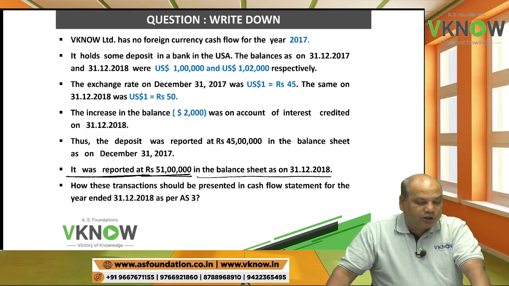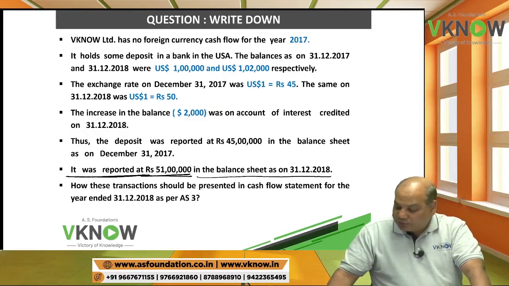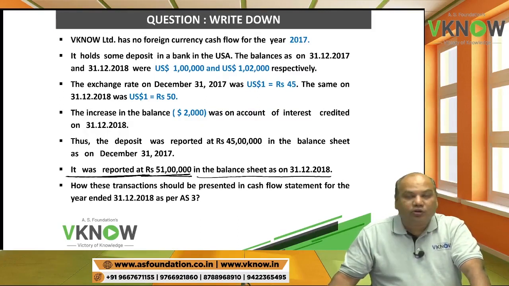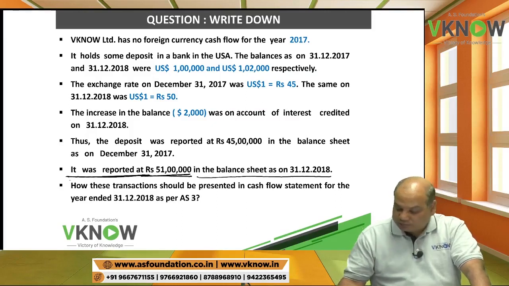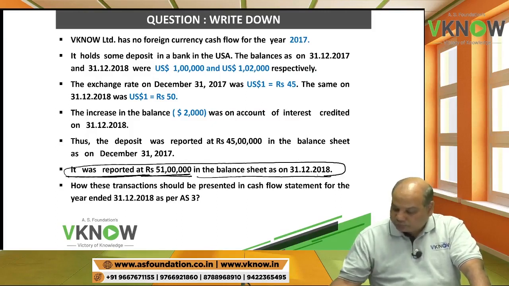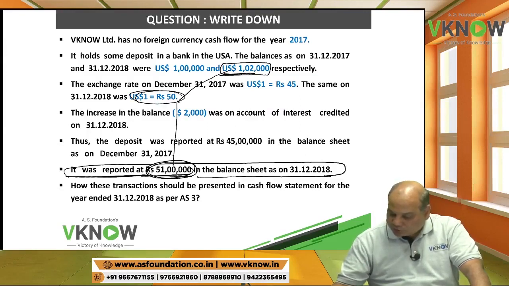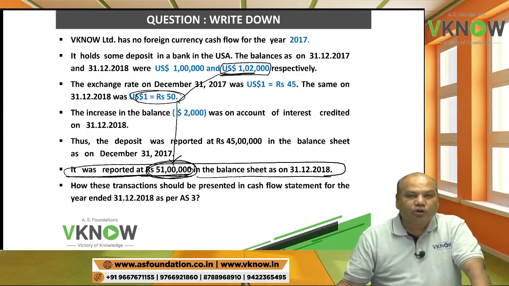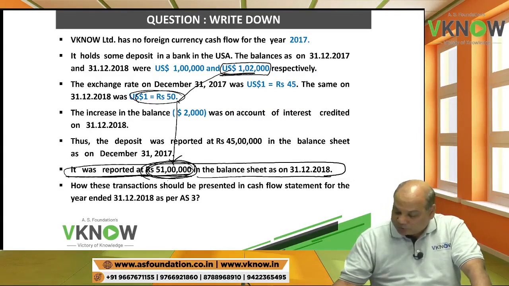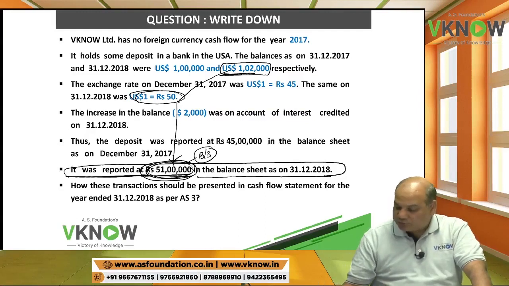How has this 51 lakh come? Understand, closing balance is 1 lakh 2000, closing exchange rate is 50. If you multiply these two, you will get the closing balance. This 51 lakh will appear in the balance sheet.